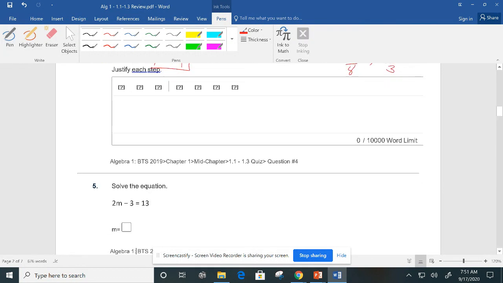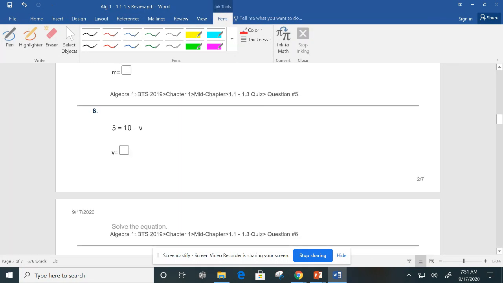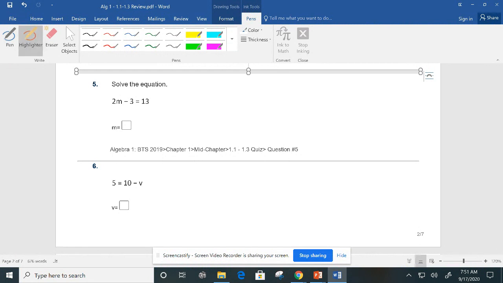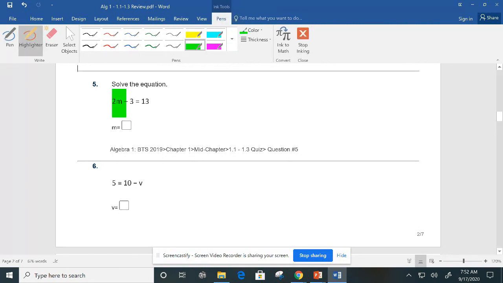Let's keep going. Number 5, one more step here. So keep in mind, we want to isolate that variable. We want to get that m by itself.